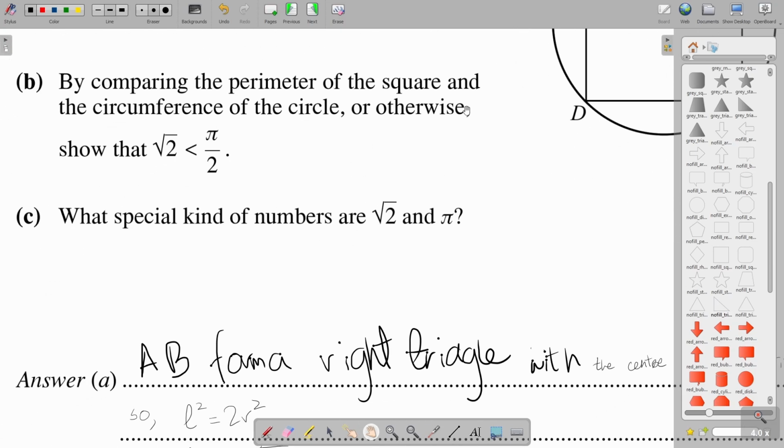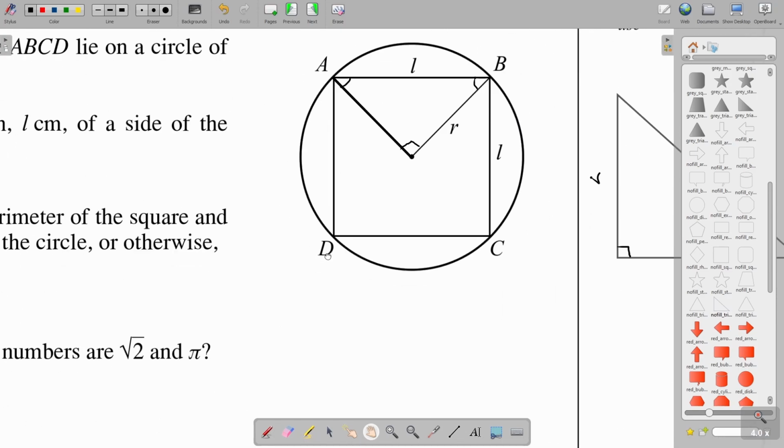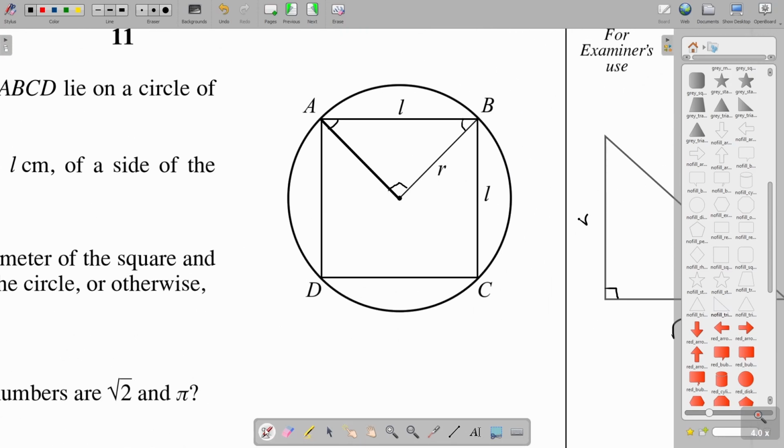Okay, by comparing the perimeter of the square and the circumference of the circle, or otherwise, show that the square root of 2 is less than pi over 2. Alright, so the perimeter of the square would be L, all of those added together, so it would be 4L, and then the circumference of a circle is pi d, where d is the diameter, or 2 pi r, since the diameter is actually twice the radius, right?